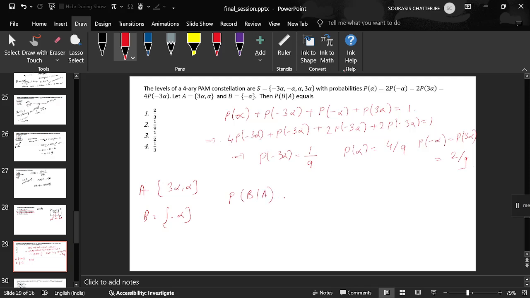The probability of B given A should be the probability of A intersection B divided by the probability of A. But here I guess this should not be a minus, otherwise there would be nothing in common, so it would just be 0.